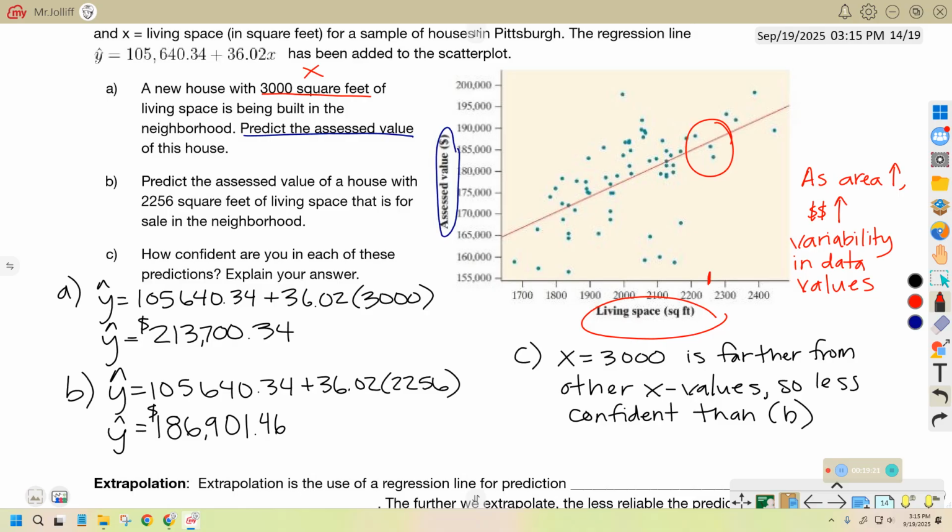I did not collect any data much past 2400, 2450, because there isn't anything in the graph bigger than that. 3000 is outside that range of data I collected. And so my output is less likely to be accurate. And that idea is called extrapolation.